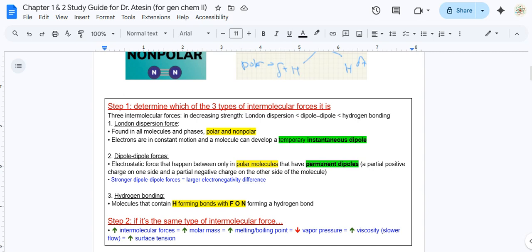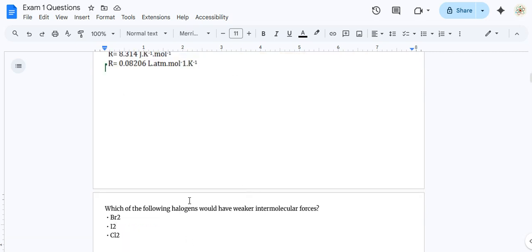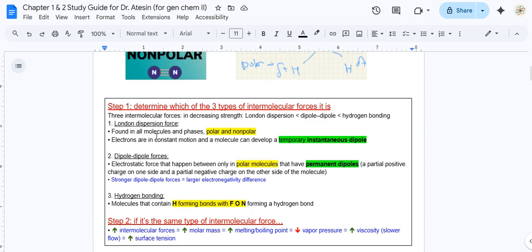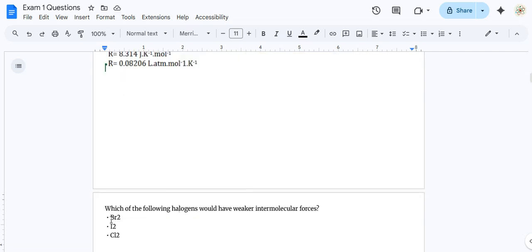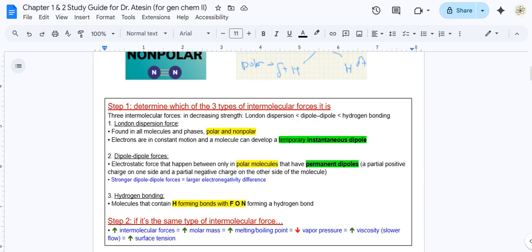And now I'm gonna do some questions that showed up on my test. Which of the following halogens would have weaker intermolecular forces? Br2, I2, CO2. You know how I wrote step 1 and step 2? Well, when you see these three compounds, you don't compare their molar mass first.